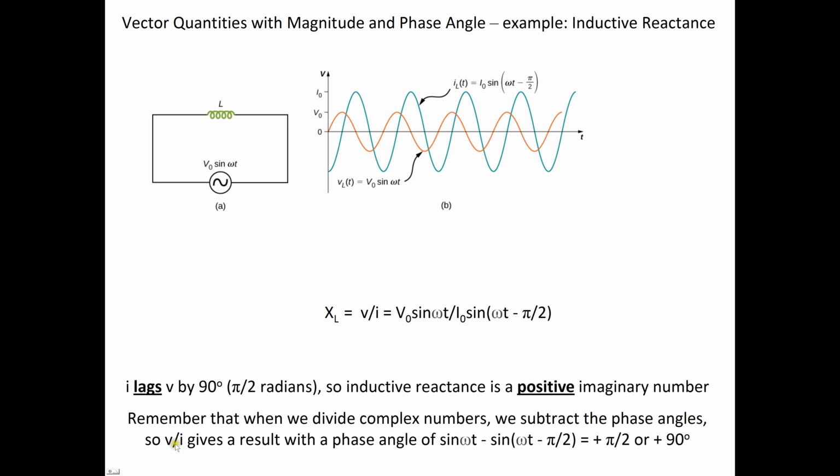So we're dividing V by I, so we're subtracting the phase angle of I from the phase angle of V. So we have omega t minus omega t minus pi over 2. So the minus becomes a plus, and we have a phase angle of plus pi over 2, or plus 90 degrees. So that's going to be on the positive side of the imaginary axis.